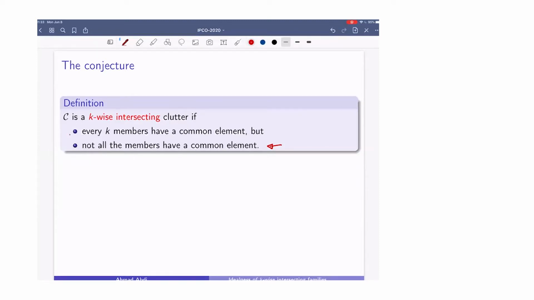So yeah, a more formal way to write this down is to just say the intersection of any K members or less is non-empty for all K members in C. Okay, but the intersection of all the members is empty.